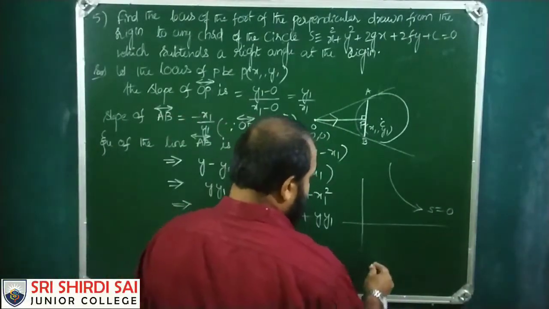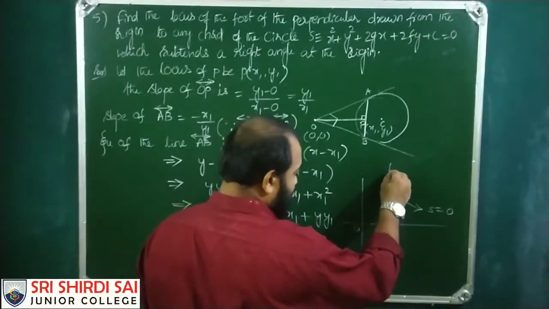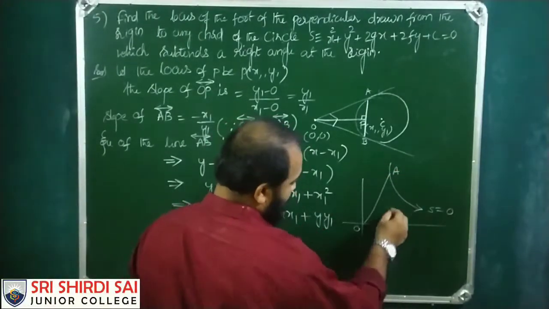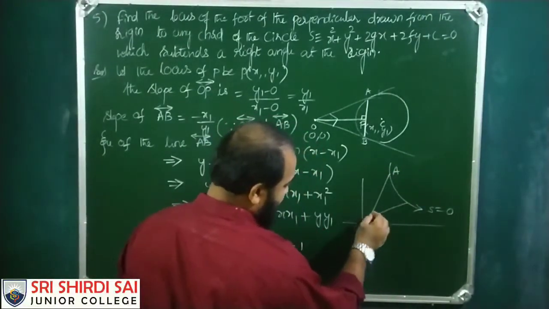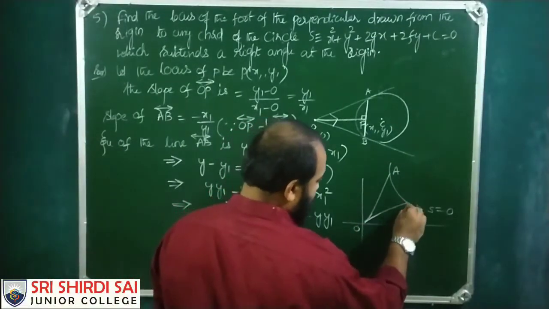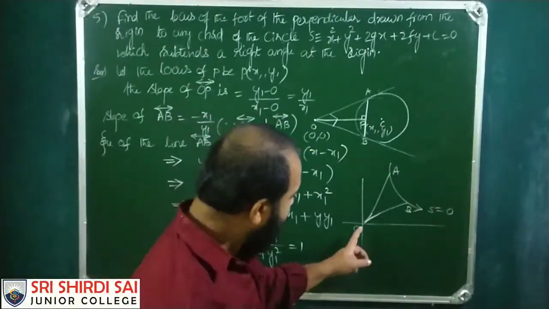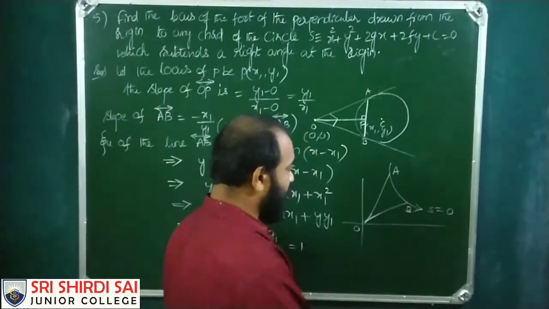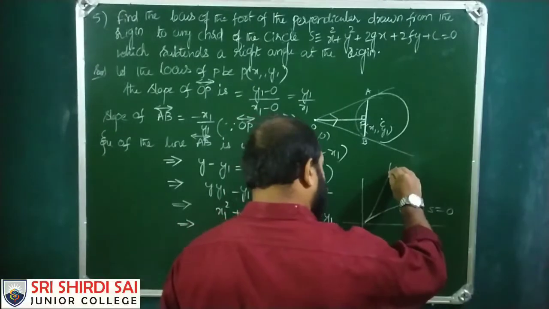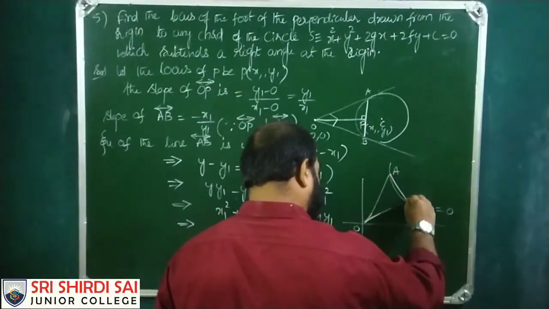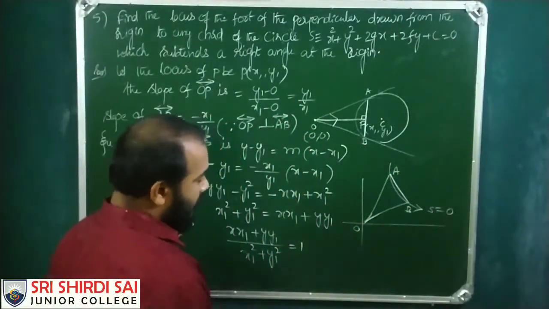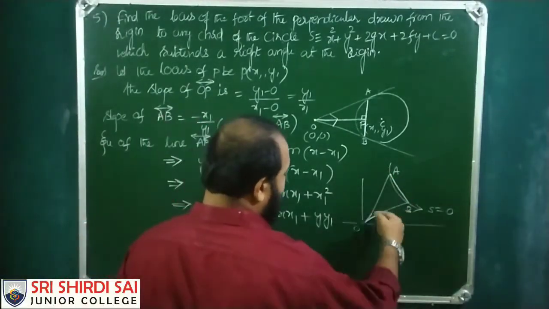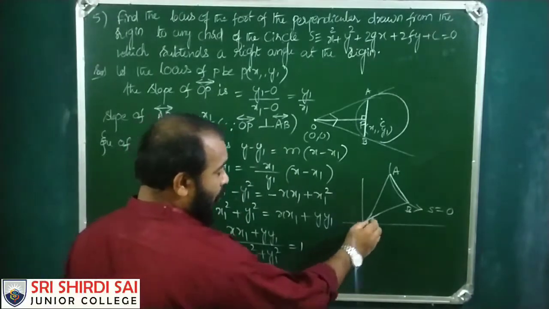And so OA is a line and OB is a line. OA and OB intersect the circle S equals 0 at two points. Then I just join AB. Now, what are OA and OB? OA and OB are the pair of straight lines passing through the origin.